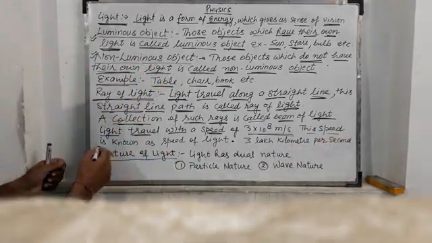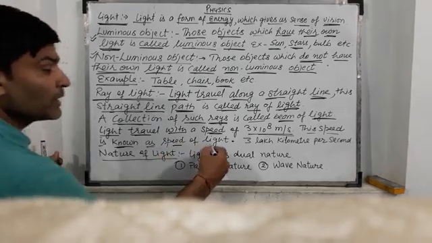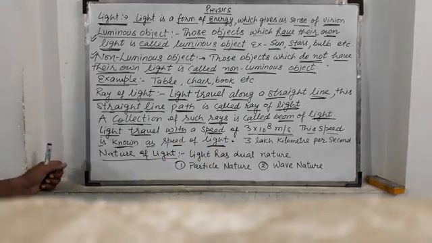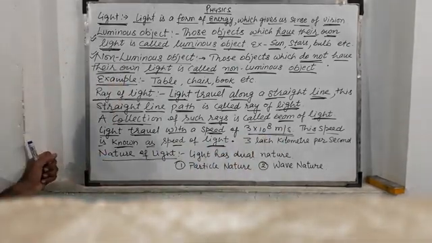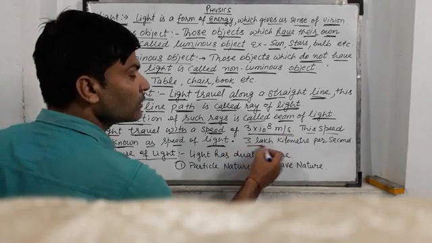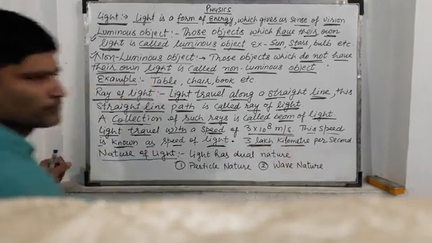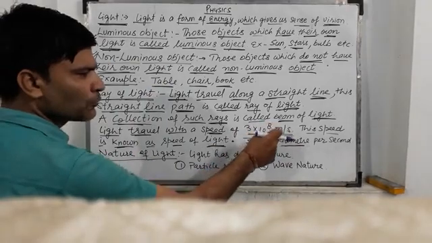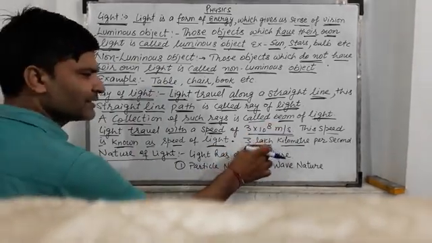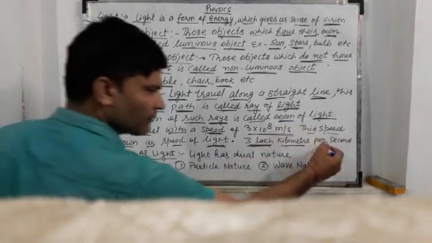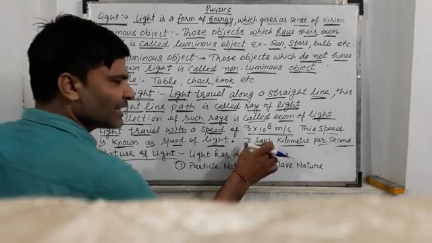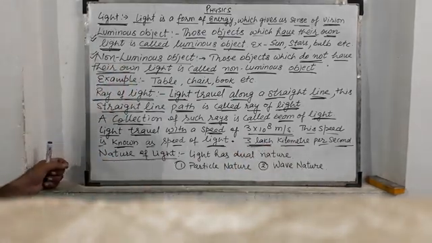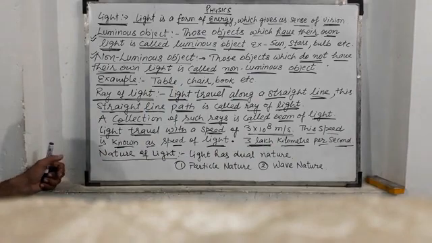This speed is known as the speed of light. 3 into 10 to the power 8 meter per second is equal to 3 lakh kilometer per second. It means light travels 3 lakh kilometer distance in 1 second. It is a very large quantity.